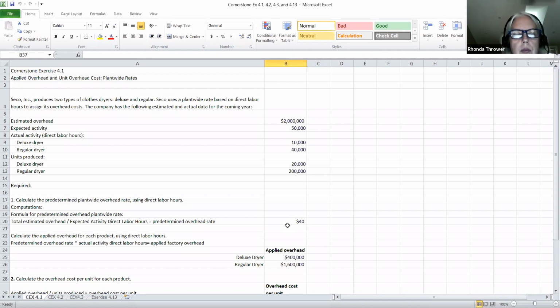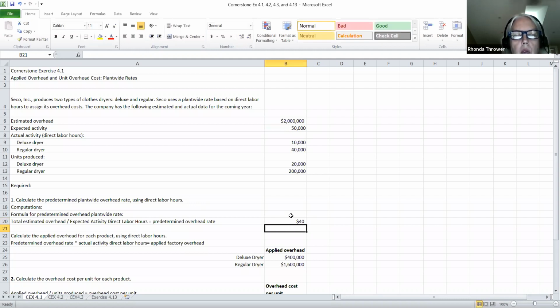This is an estimated rate. So what they wanted us to do is to calculate that predetermined rate first of all. And so this is how they've done it. We've taken the estimated total amount of overhead and we've divided it by our expected activity. And that gave us a predetermined rate of $40.